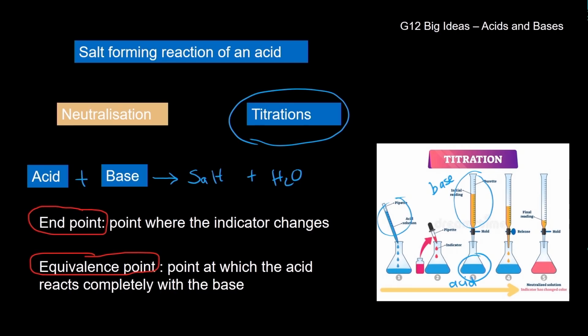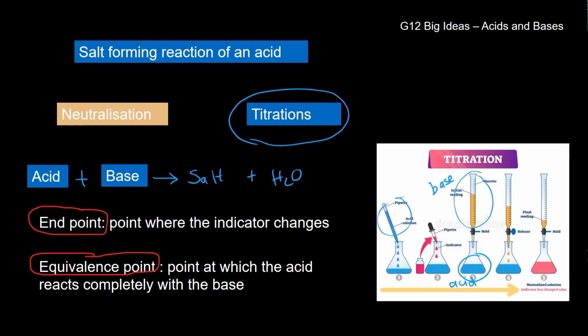But these substances generally are see-through. We can't see them. So we will never know when this reaction reaches neutrality, when the acid will neutralize the base or vice versa. So we need to add in there an indicator. And the indicator is really important when we are doing calculations. There are 2 words that you need to know. The one is endpoint.